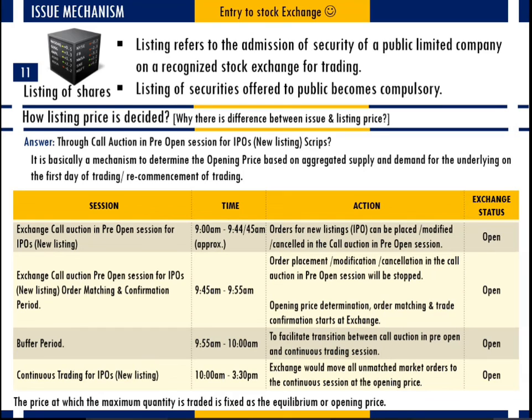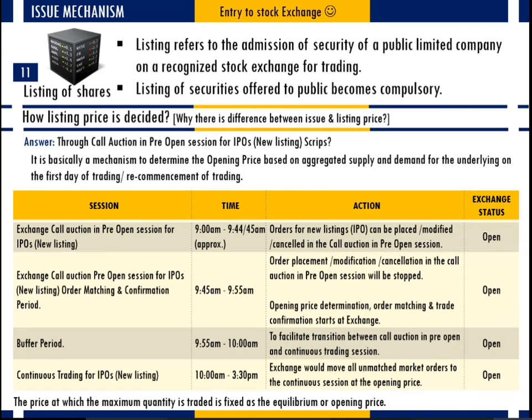So let's say if a 100 rupees share gets listed for 210 rupees, that means the investor has made a listing gain of 110 per share. So the listing price is decided during the auction, which happens between 9 to 9:45 in the stock exchange. If the demand is very high for a company's shares, then obviously the brokers will bid at a higher price, and that's how the price shoots up.